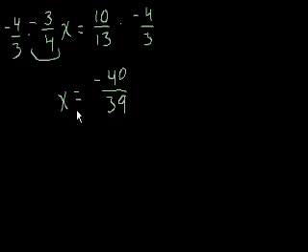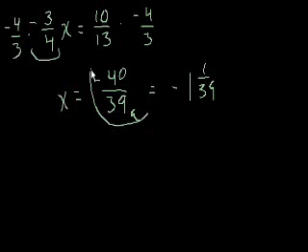So we get x is equal to minus 40 over 39. I like to leave my fractions improper because it's easier to deal with them. But if you wanted to write it as a mixed number, it's minus 1 and 1/39. I tend to keep it like this, though.